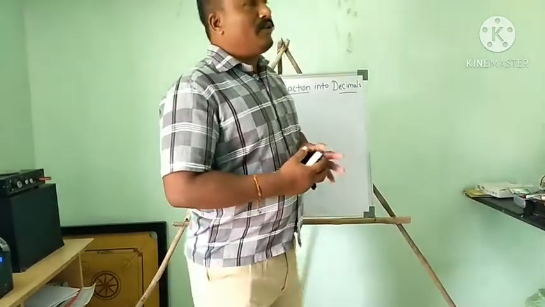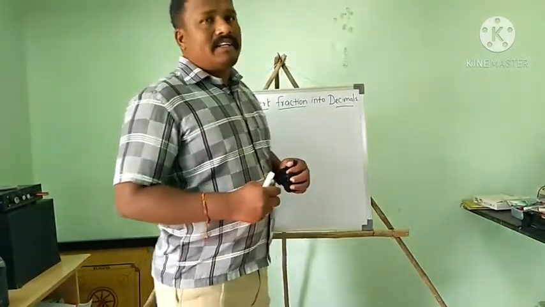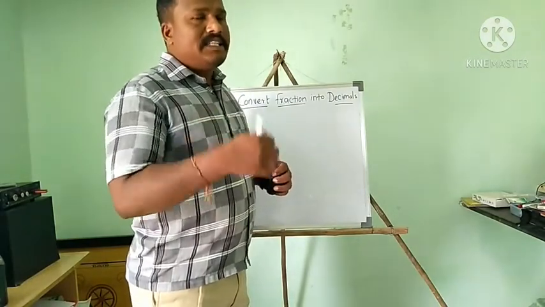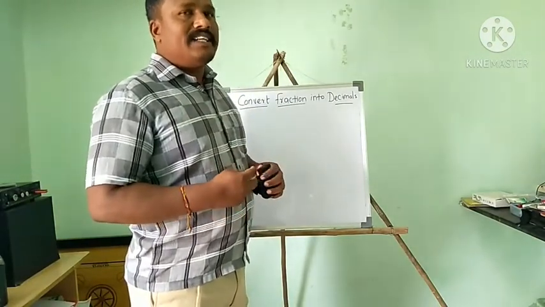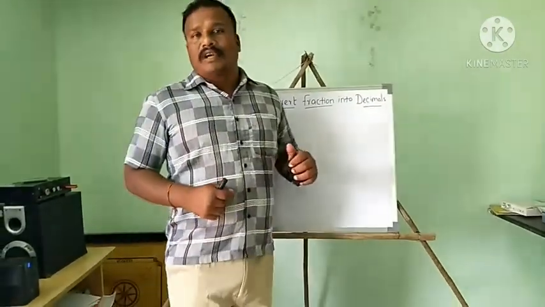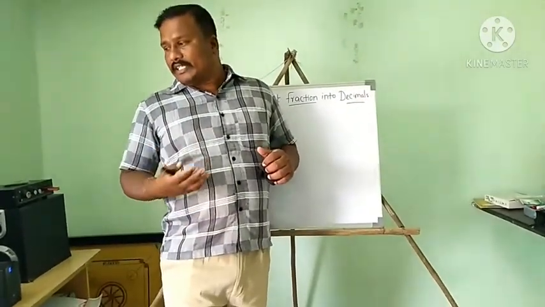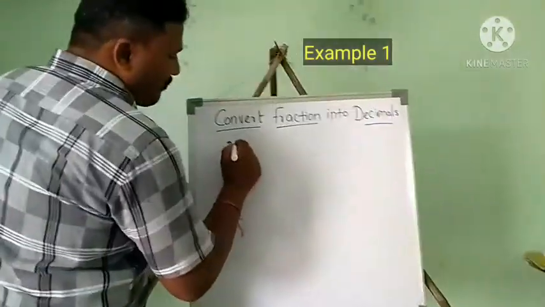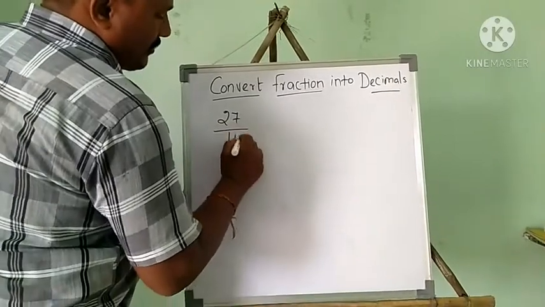I already told you, when the denominator is 10, 100, or 1000, these kinds of fractions are called decimal fractions. Now we are going to convert such fractions into decimal numbers. Example, 27 upon 10.